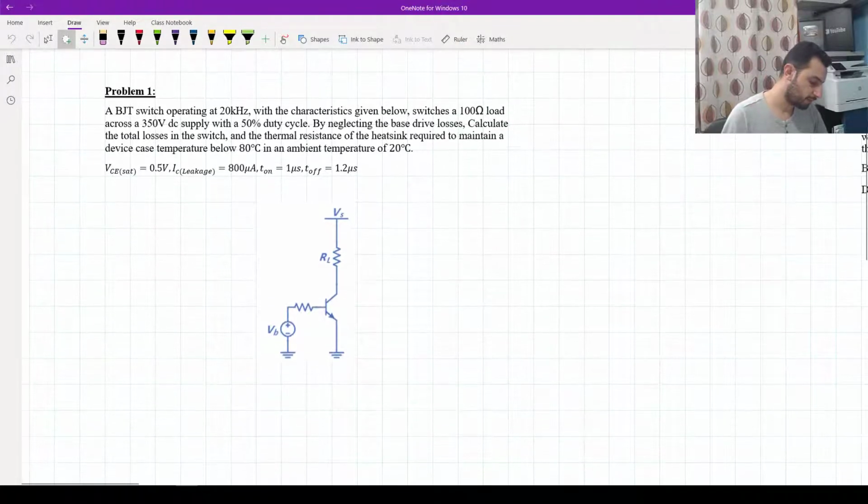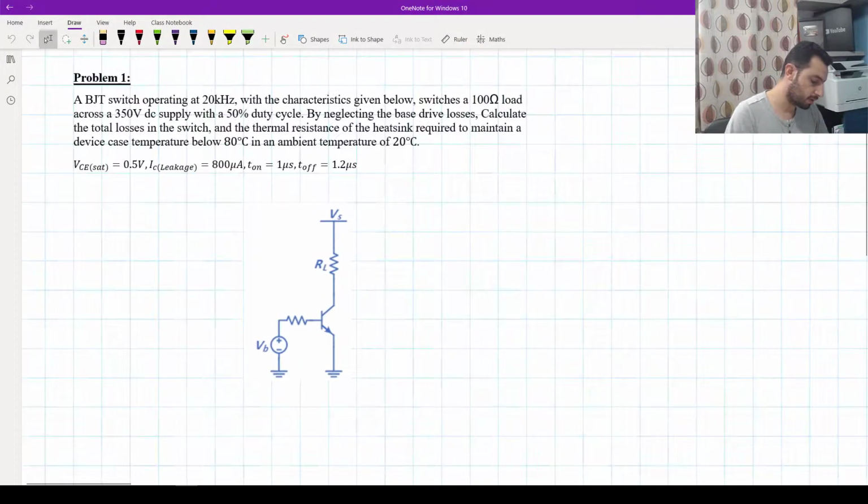We have here a BJT switch operating at 20 kilohertz. So this transistor is switching, getting PWM with frequency 20 kilohertz, with the characteristics shown below.